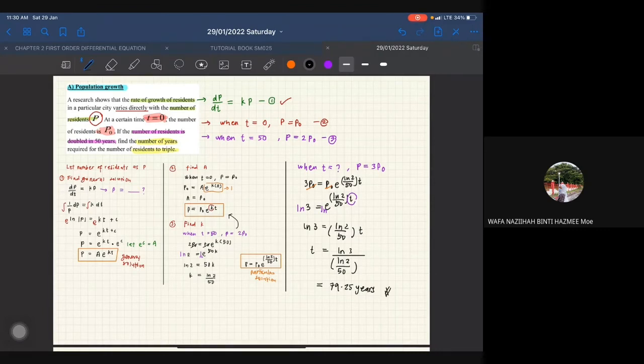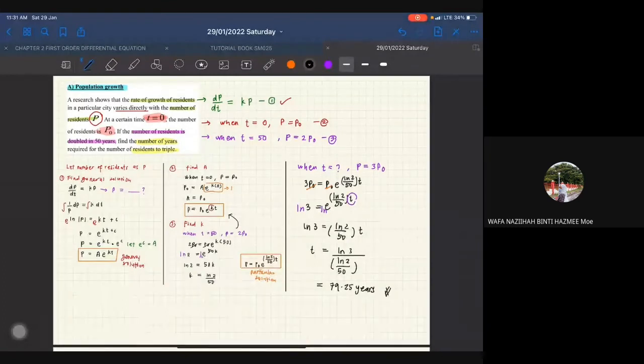Ada. Sekejap. Saya nak tanya. Cloudy boleh faham? Cloudy? Mana Cloudy? Boleh. Okay, good.